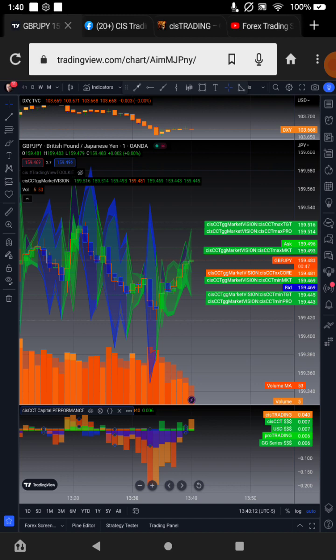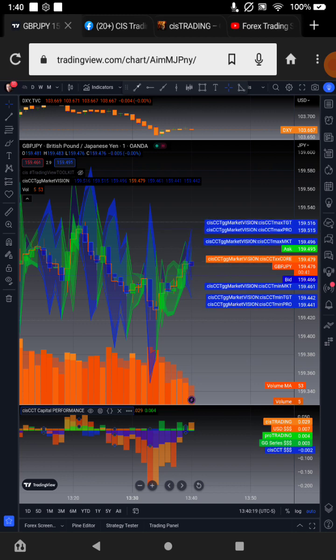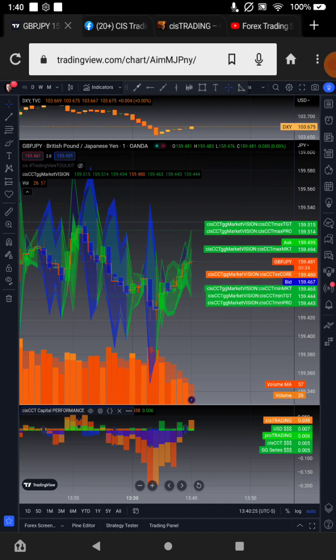Currently, they're somewhat compacted, a little bit spread out toward the middle part, but they're somewhat compacted. The price range is fairly low on market depth.